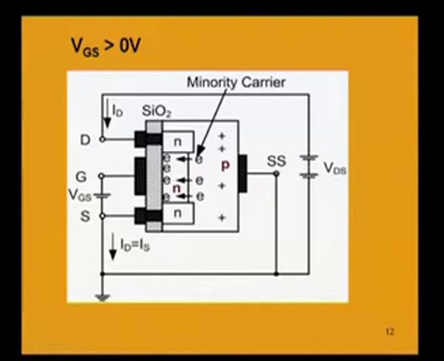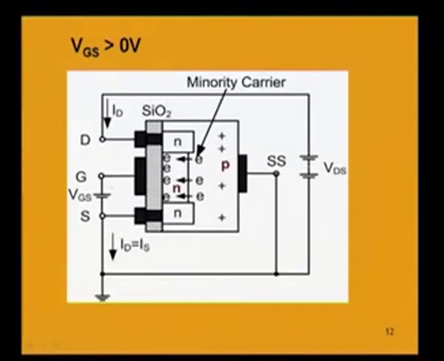So, they will knock out more free electrons from the covalent bonds, and this process accumulates. So, when we have a positive VGS, we have an abundance of electrons, because the positive terminal of VGS attracts minority carriers from the p substrate, and these minority carriers take part in knocking out more electrons because their kinetic energy is increased by the application of the positive gate to source voltage. So, basically we have a greater drain to source current. So, there is enhancement in the current flow.